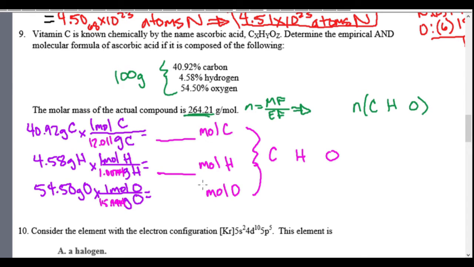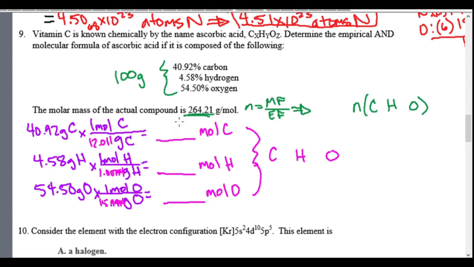The reason I set it up like this is because you're going to divide by your lowest one, right? So this way you can do the division and then write your numbers right here. So let's go ahead and figure these out.